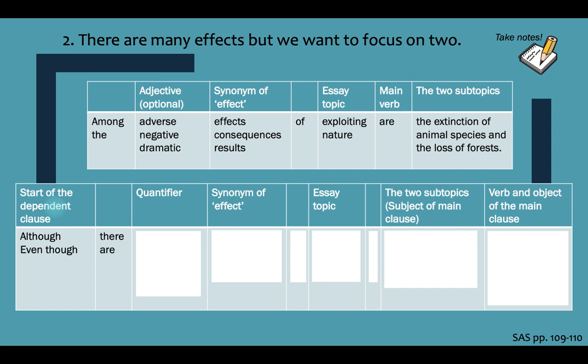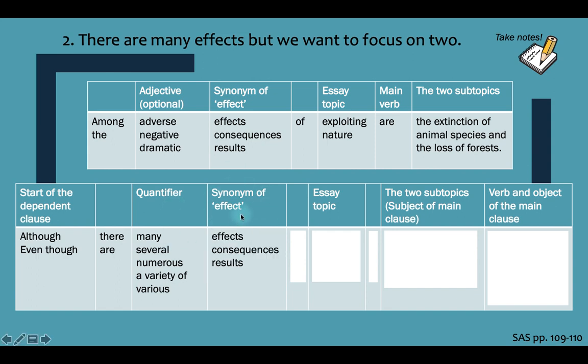Although there are, now we need a quantifier, something that says more than one. Although there are many effects of exploiting nature, comma, right? This comma connects our dependent clause with our main clause.